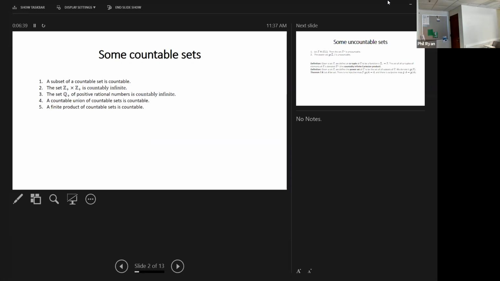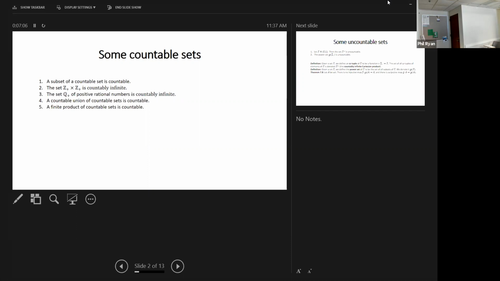Why isn't it injective? Because maybe it's not in lowest form. So 4 over 2 goes to 2 over 1, and so does 6 over 3. So this map is not injective, but it is surjective, right? Because every positive rational can be written as a ratio of positive integers, just like that.